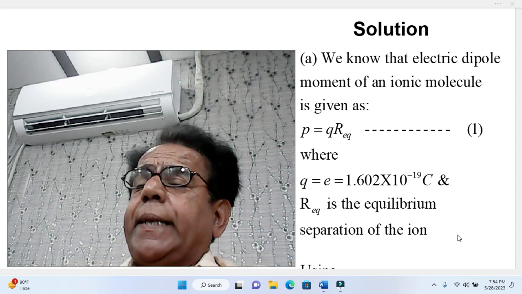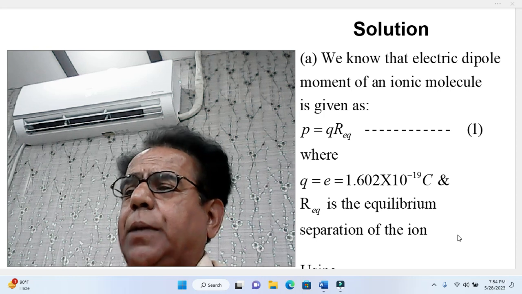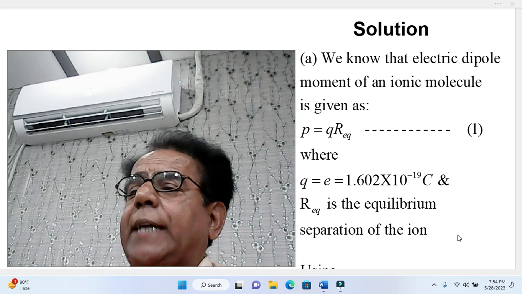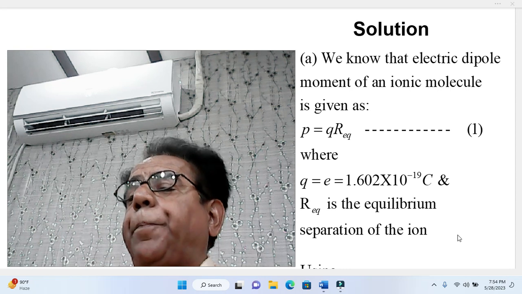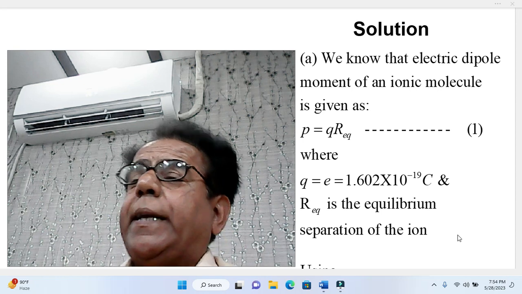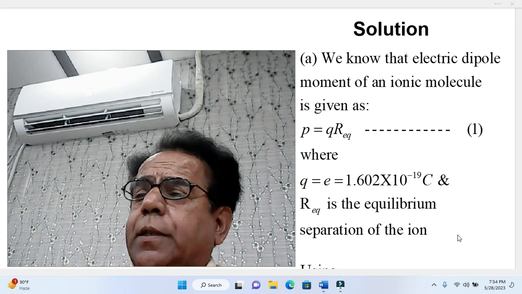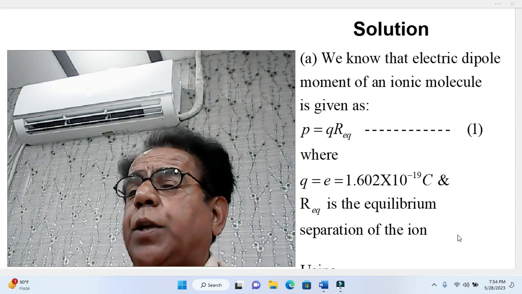Solution of part A. We know that electric dipole moment of an ionic molecule is given as P equal to Q R_EQ, equilibrium separation R_EQ. Here EQ is written as a subscript of capital R and EQ stands for equilibrium.